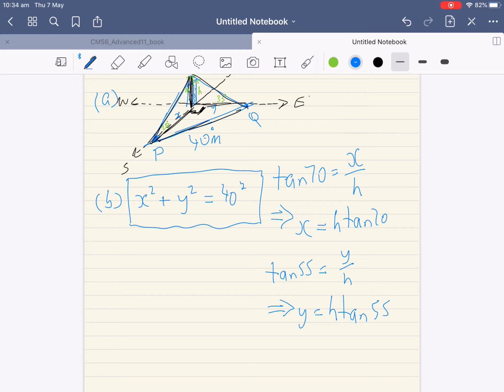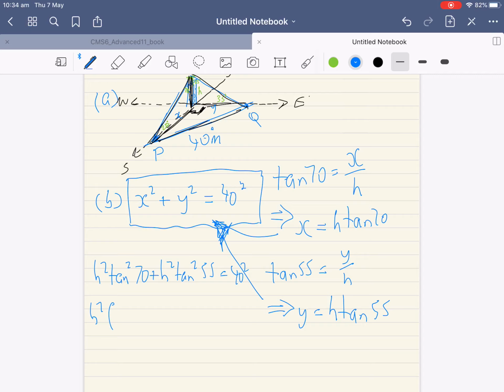All right, so we now have expressions for x and y. We can put these into our Pythagoras' theorem equation. So x squared will be h squared tan squared 70. Y squared will become h squared tan squared 55. And the whole thing is equal to 40 squared.